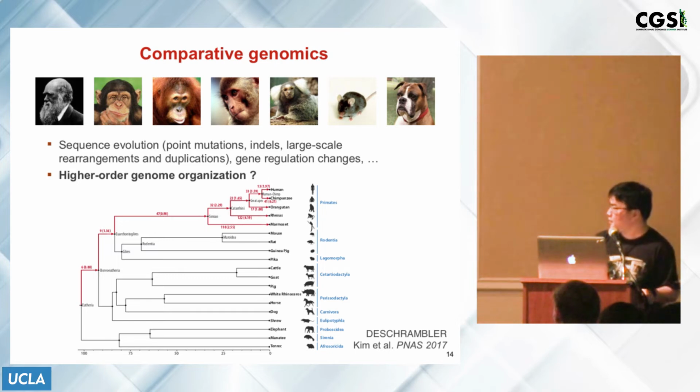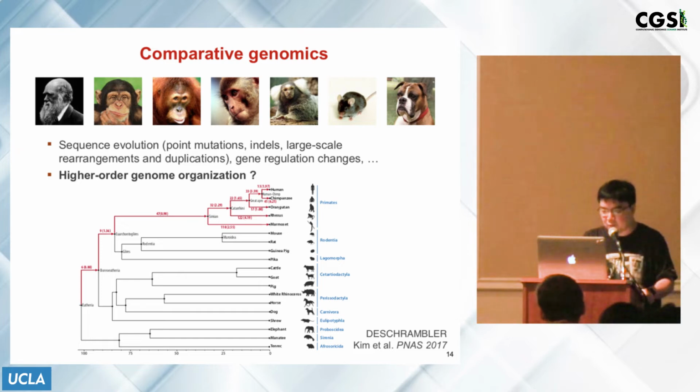For instance, our recent work is to look at these large-scale rearrangements across mammals, and we highlight the number of breakpoints that you can observe on the branch from the Eutherian common ancestor all the way to human. But what is the role of high-order genome organization?